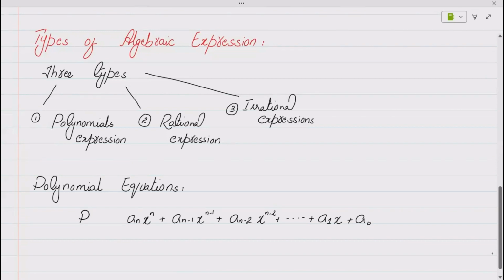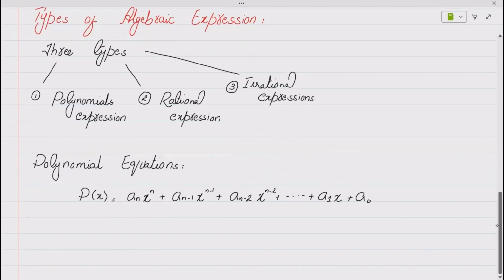It can be represented as p(x), p for the polynomial, x for the variable which the expression has as a variable.